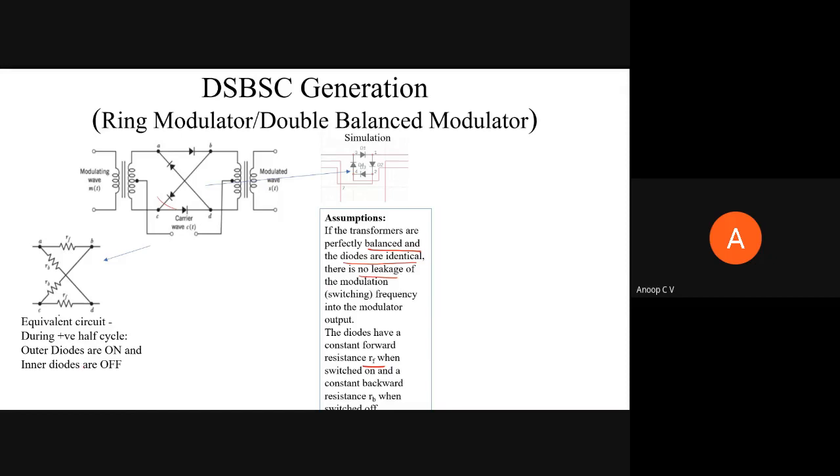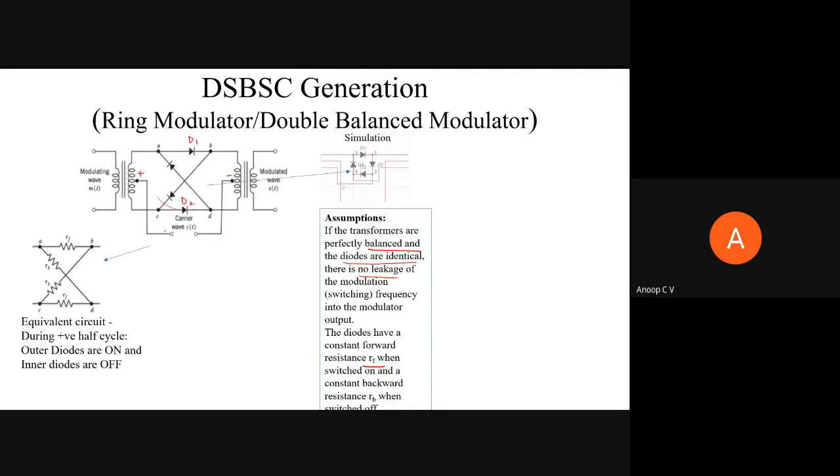During the positive half cycle, the outer diodes, maybe I will call them diode 1 and diode 2, are on, right? And diode 3 and diode 4 will be off. Why? Because during the positive half cycle, the polarity here will be plus and this will be minus. So you can see for these two diodes, a higher or positive potential is given to P of D1 and D2 compared to N of D1 and D2.